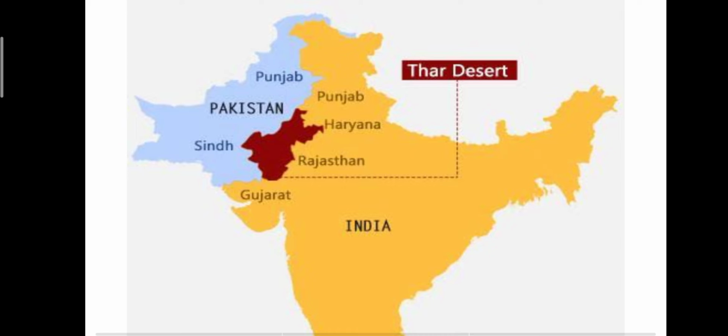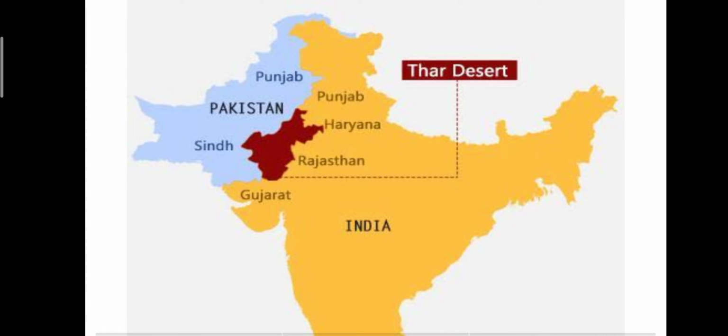Now, children, Sindh is a part of Pakistan. If you see towards the left hand side where Pakistan is written, just below Pakistan, Sindh is written. It is a province of Pakistan. So some part of this desert also lies in Pakistan, and the Thar Desert also covers a part of the north of Gujarat and the south part of Haryana.